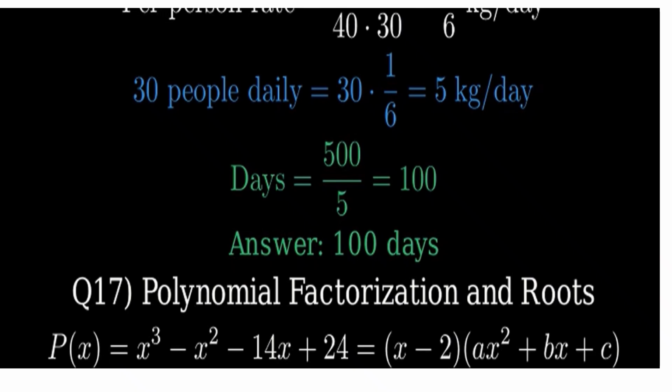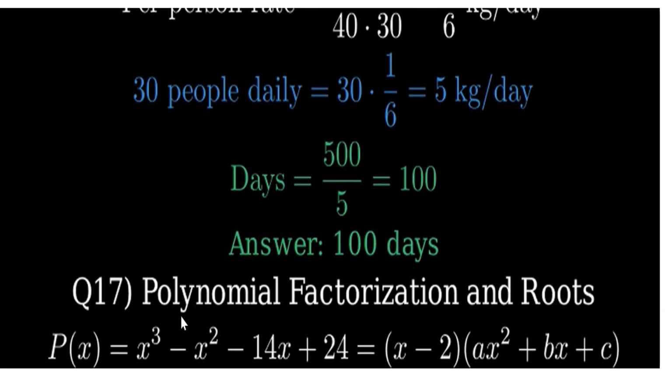This question was question 17 from the national exam 2025. It was asking that you must first find the values of A, B, and C from this, and we'll be comparing with the P(x).